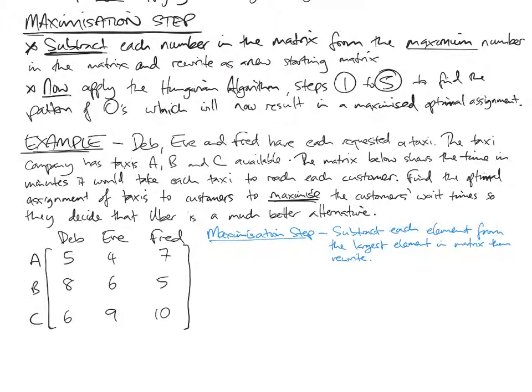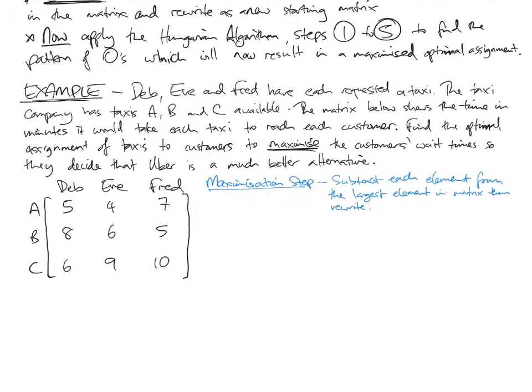So you look at the original matrix that you're trying to maximize, and instead you rewrite it after you've subtracted each element in the matrix from the maximum number that was in that matrix, and then you run the Hungarian algorithm on the new matrix that you've rewritten. So you apply the Hungarian algorithm, steps 1 to 5, to find the pattern of zeros, which will now result in a maximized optimal assignment in the original matrix after you've applied the maximization step.